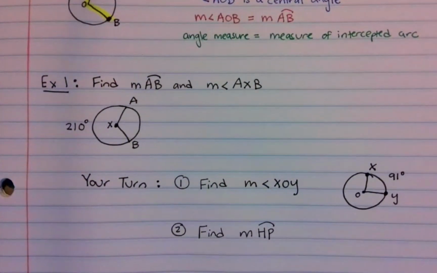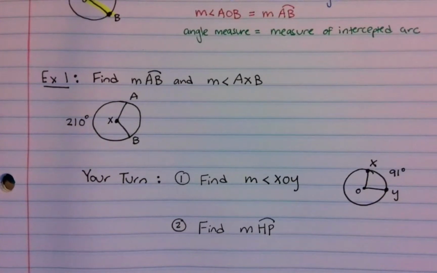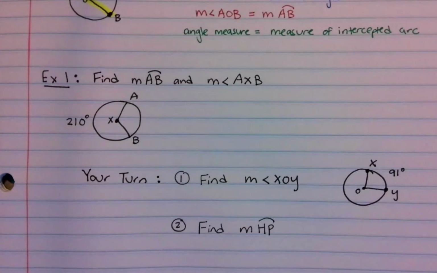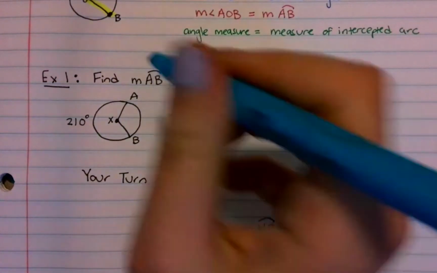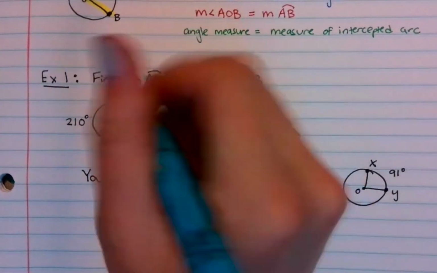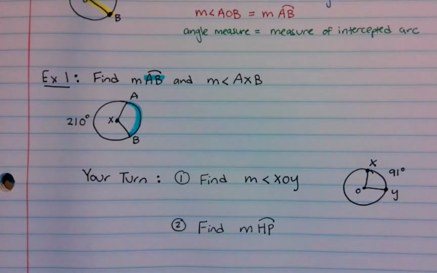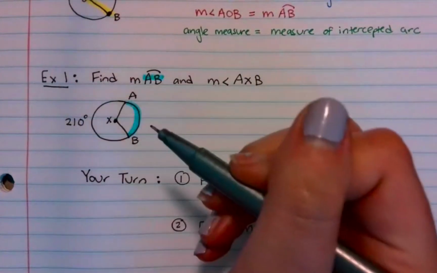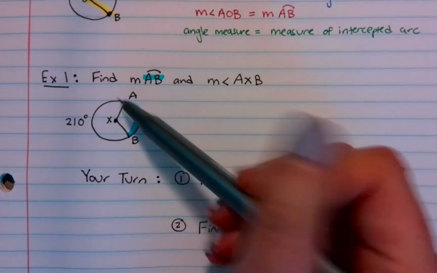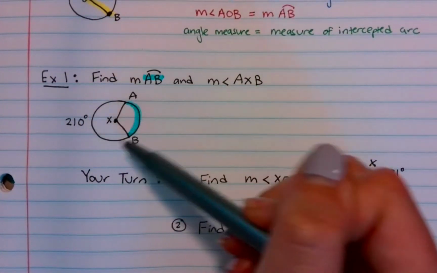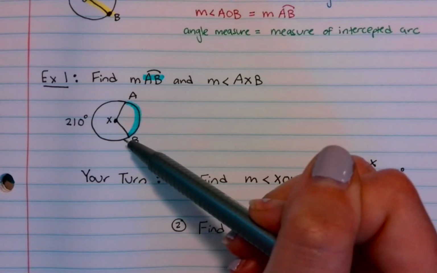They want us to find the measure of arc AB and then the measure of angle AXB. I'm going to get a few different highlighter colors going here just to differentiate. Let's start with the measure of arc AB. So that's this arc right here. I'm going to start with what I know, which is that a full circle measures 360 degrees. And we've been told that this arc here is 210 degrees.